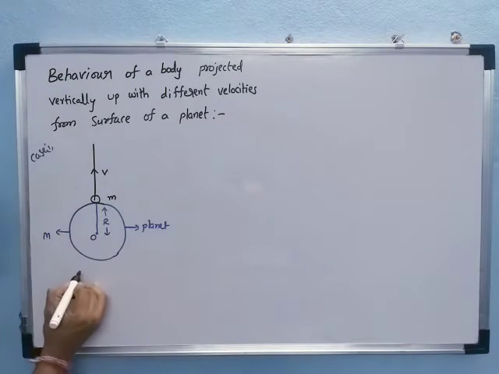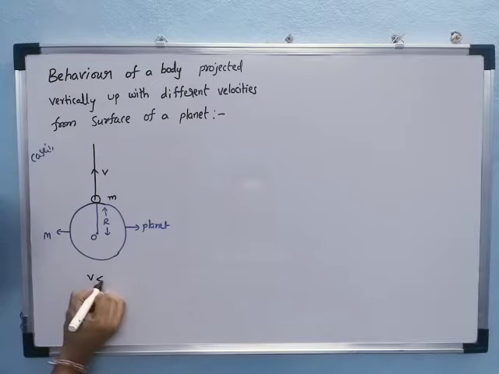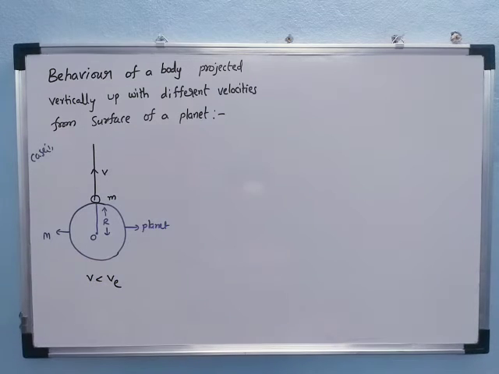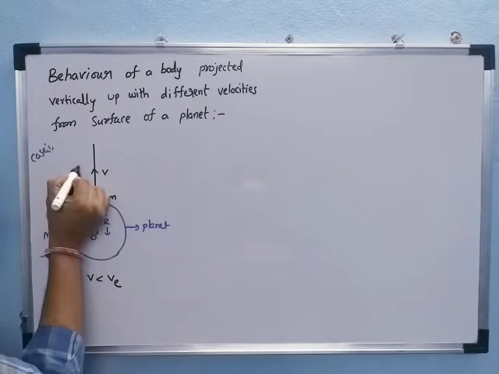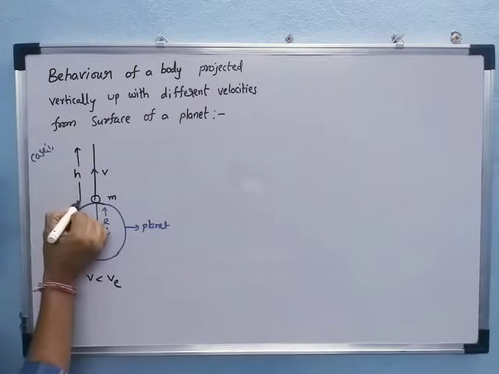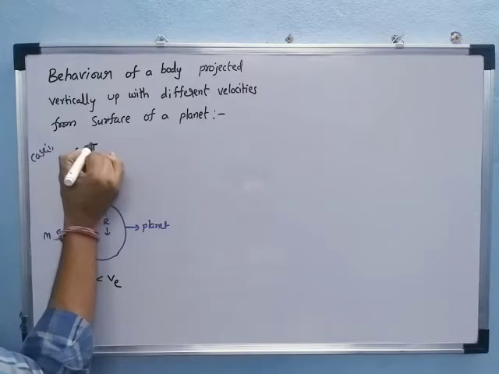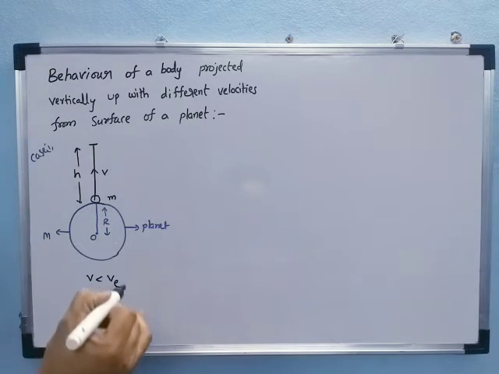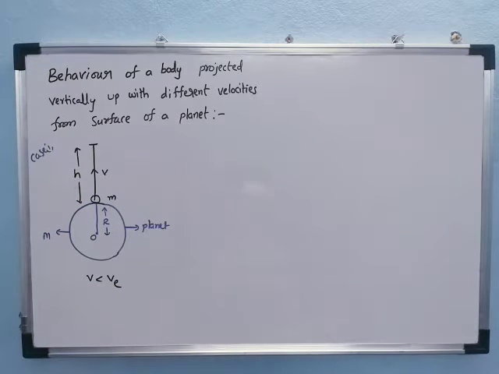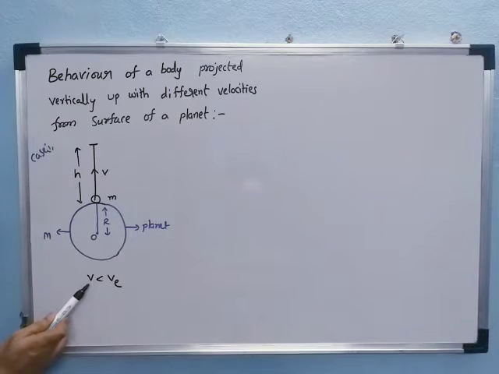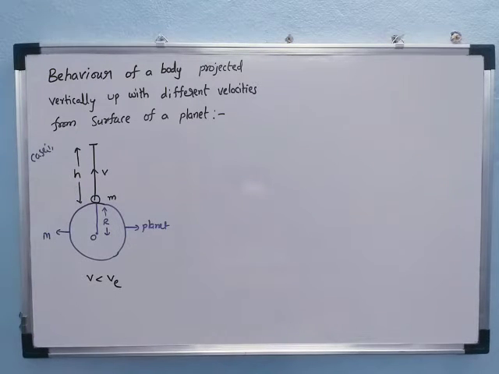Its velocity is less than the escape velocity. At that time, this object reaches a maximum height and then falls under gravity to the surface of the earth, because this velocity is less than the escape velocity.